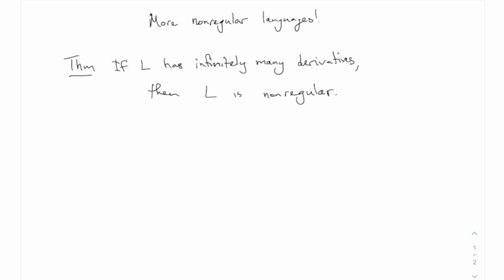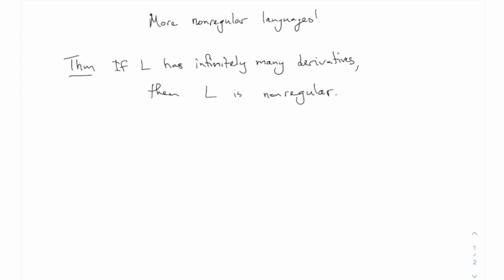So if you have a language and you want to show that it's not regular, the way to do that is by showing how you can take the derivative in different ways and get infinitely many different results.